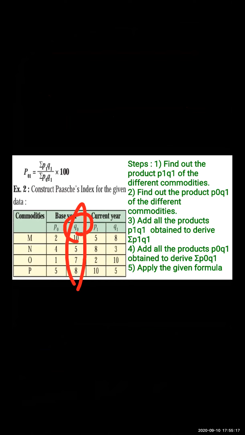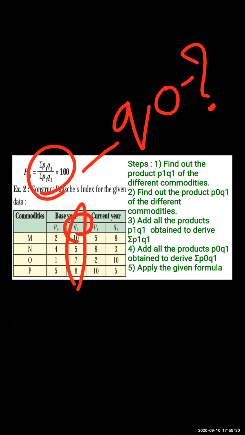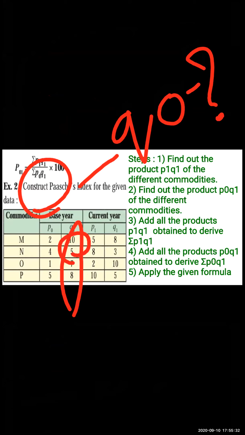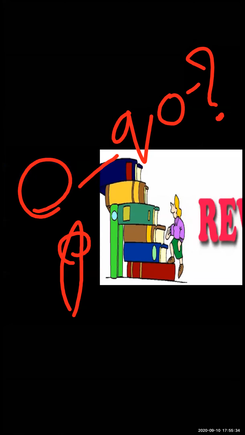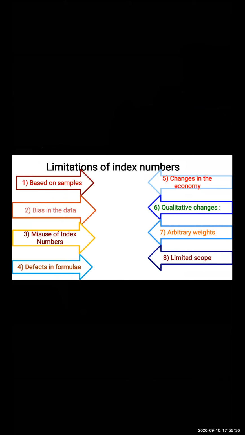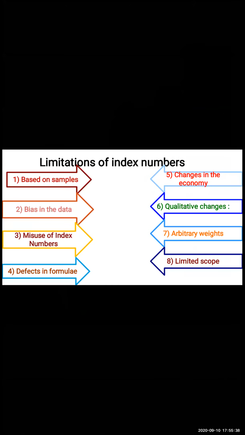Have we made use of this data in our calculation? No, we have not made use of it. So in this formula, Q0 is missing. So the fourth limitation is that we don't have a proper formula for the given variables.